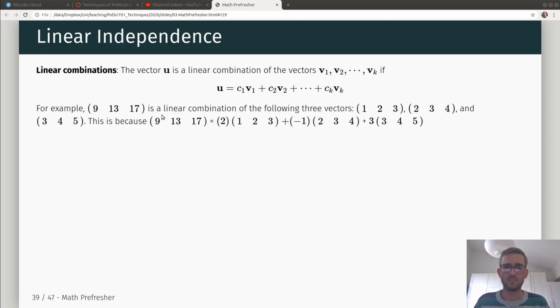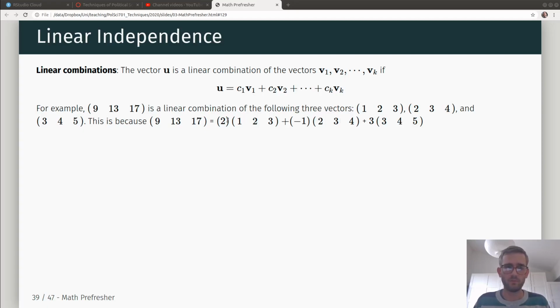That means, just to give you an example, the vector 9, 13, 17, a three-element vector, is a linear combination of the following three vectors: 1, 2, 3; 2, 3, 4; and 3, 4, 5. The reason is that this original vector 9, 13, 17 is equal to 2 times the first vector 1, 2, 3, plus minus 1 times the second vector 2, 3, 4, plus 3 times the third vector 3, 4, 5.